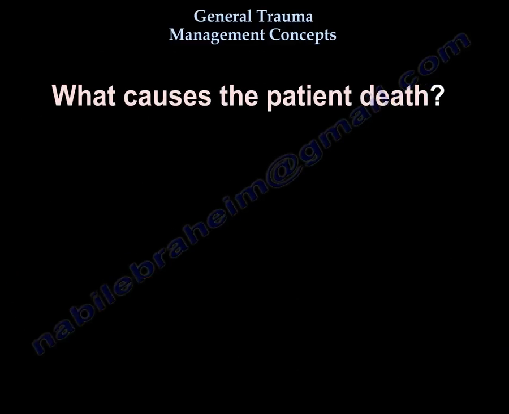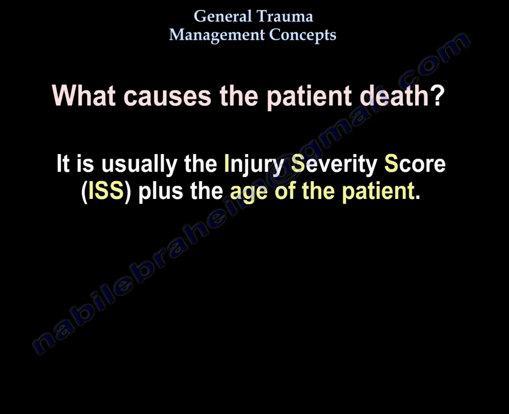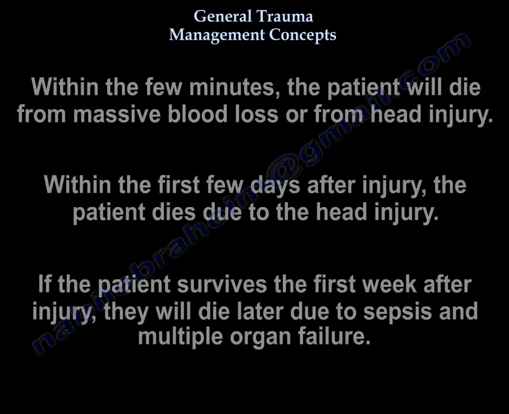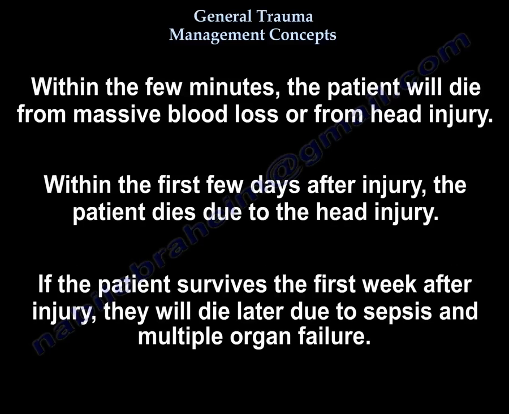What causes the patient's death? It's usually the ATLS score plus the age of the patient that is used to predict mortality in a patient with blunt trauma and multiple injuries. In the first few minutes, patients die from massive blood loss or from head injury. In the first few days from the injury, the patient dies from head injury.